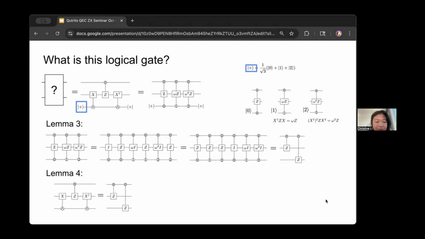And also in lemma 4, this is equivalent to the zero-controlled Z conjugated by CX gates. We'll use this in the next step to get back the logical zero-controlled Z.